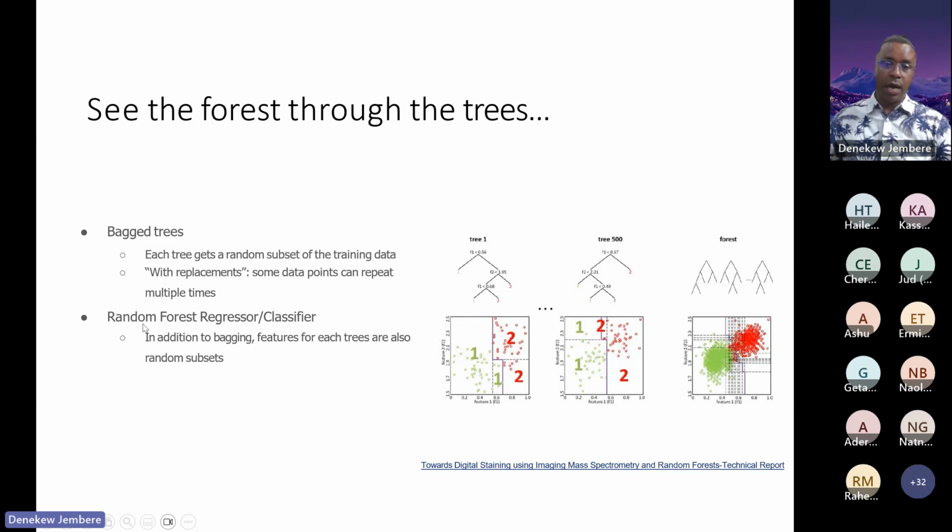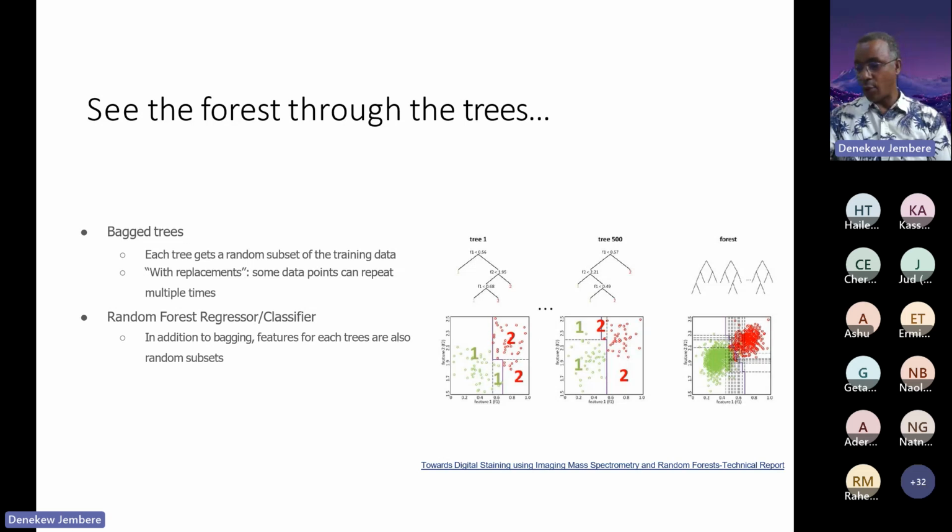The random forest regressor or classifier uses the bootstrap aggregating approach, but more. In addition to bagging, random forest also applies random subsets of features for each tree.